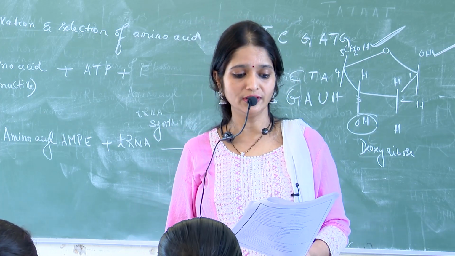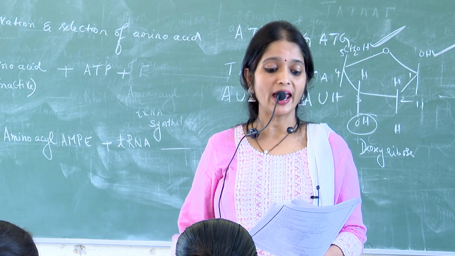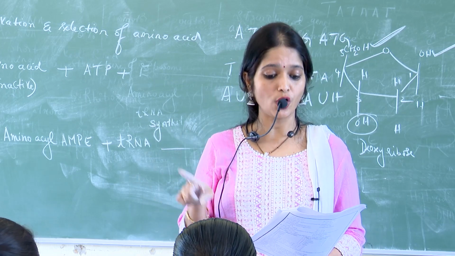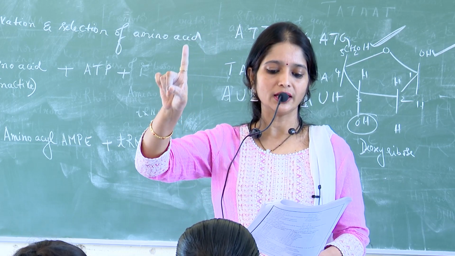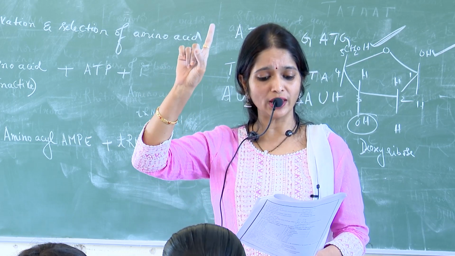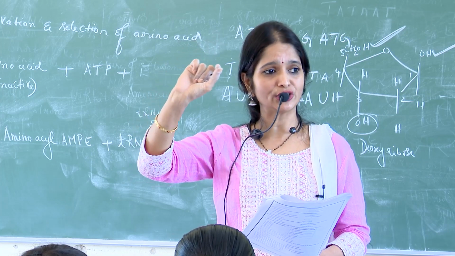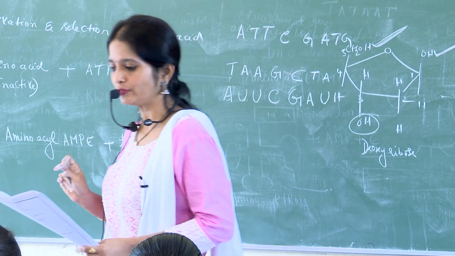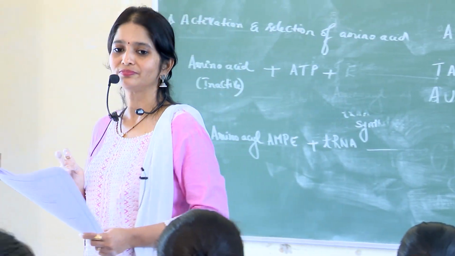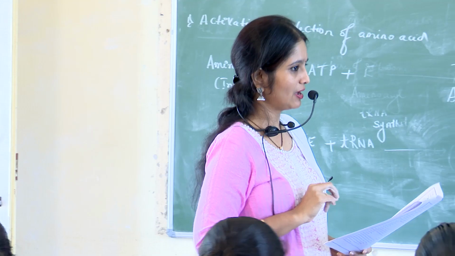The mutation that involves addition, deletion or substitution of a single base. Yes, a change of just one nitrogen base. Point mutation. An example of point mutation is sickle cell anemia. Right?